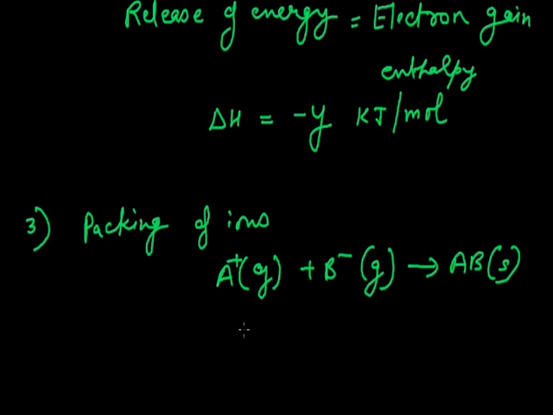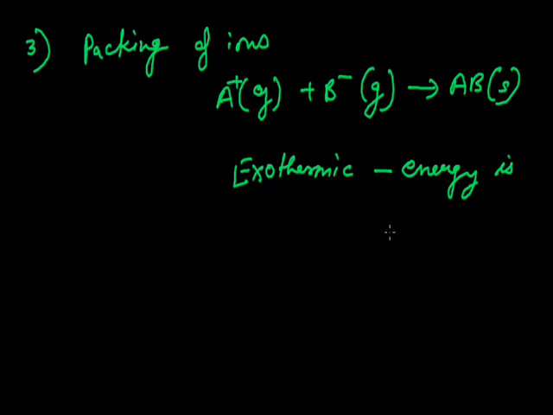This overall process should be exothermic. This third process is also exothermic in nature. That means energy is released during this process. And since the energy is released, the molecule formed is found to be in a stable state. The heat energy change taking place during this third process could again be considered to be negative.